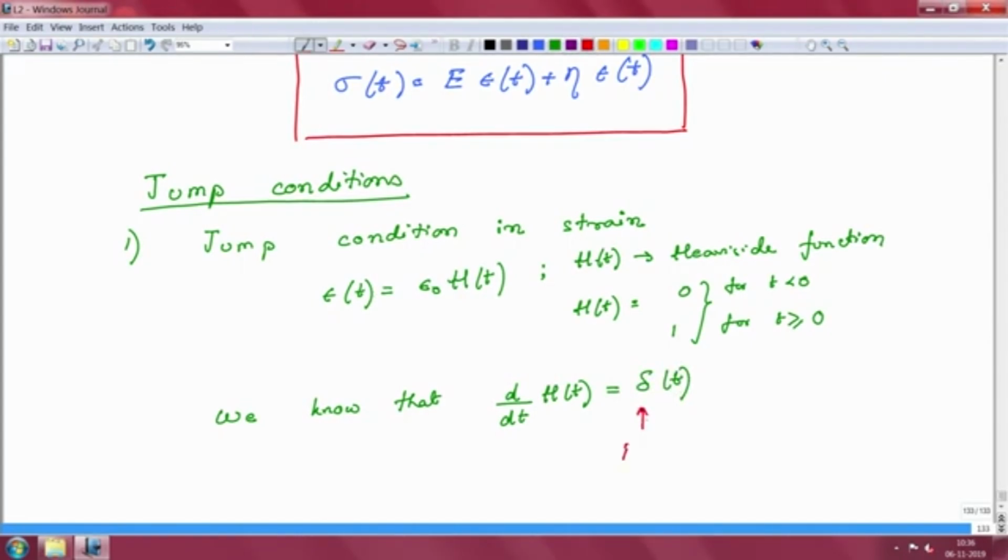So, epsilon dot, the derivative of the previous functional form, will be epsilon naught delta(t).